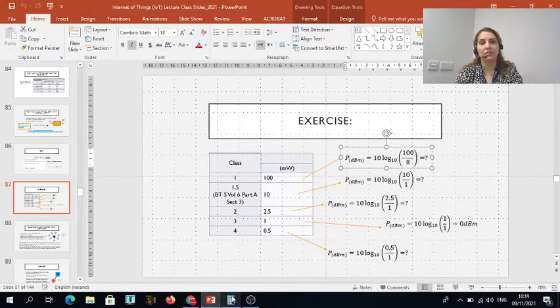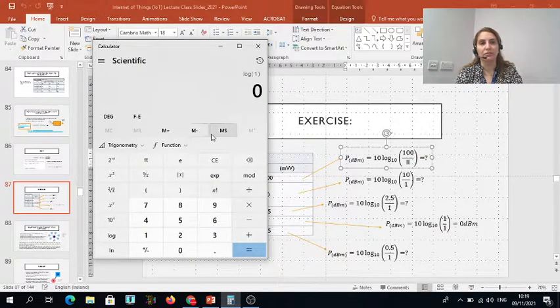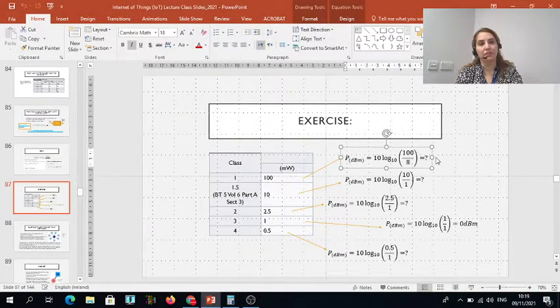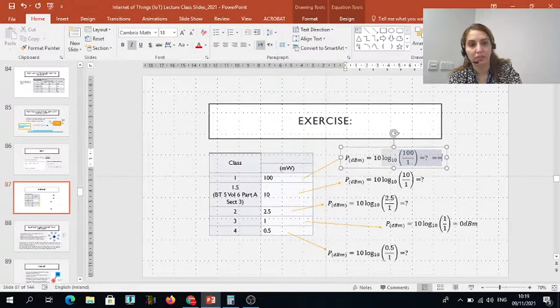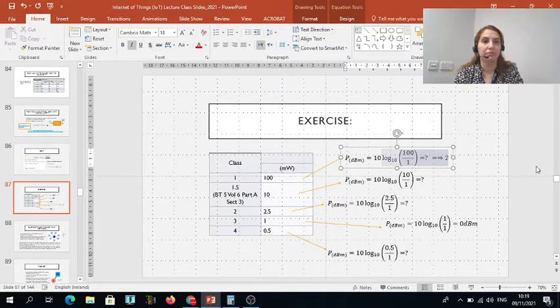Now, again, let's go to the calculator. So I'm putting 100 and I'm calculating the logarithm of that. So it's giving me number 2. And 2 will be multiplied in 10 and it will give me number 20. So this will be number 20. I'm going to just write it here, number 2.